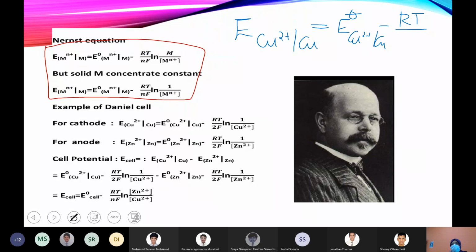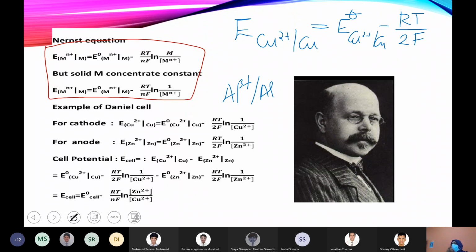So here N will be 2, with F, because the rest three are constant. R is a constant. Temperature, when you do it, is a constant. Faraday's constant is there. So N is the term which will change based on the type of metal. If you use aluminium, Al3 plus bar Al, then N will be 3, because the transfer of electrons from ion to the metal is 3 electrons.